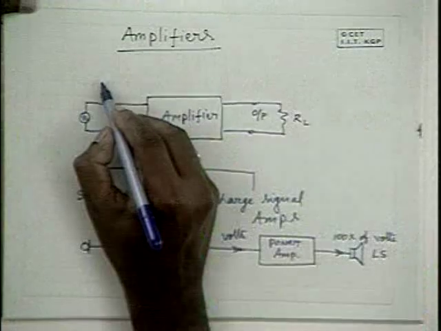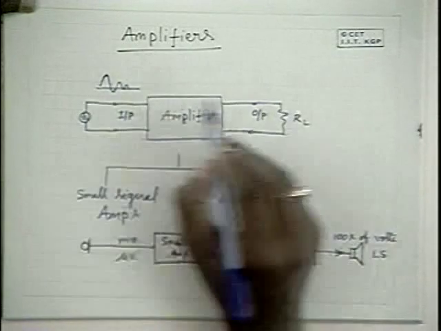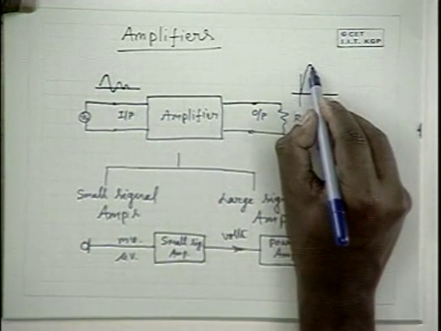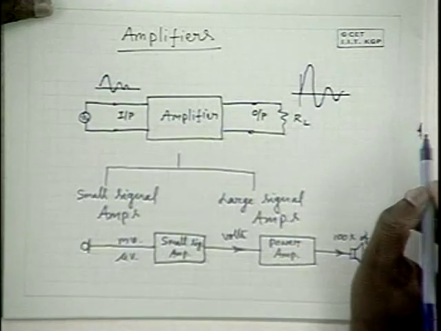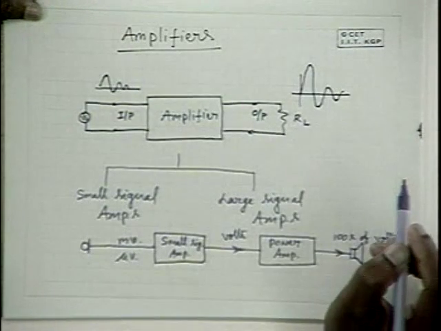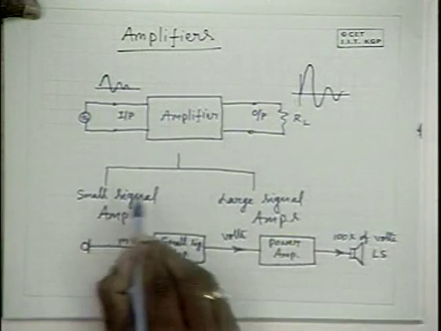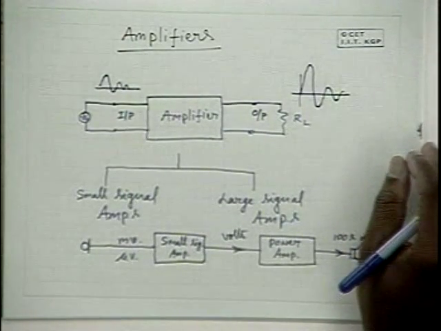An amplifier is typically used for amplifying the amplitude of small signals to large amplitudes, where the shape is retained but the amplitude is scaled, or you get some gain in the amplitude. So this is one kind of classification based on the signal amplitudes. There are other classifications possible, and one other important classification will be discussed a little later.